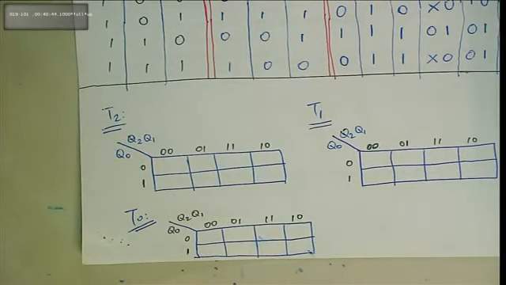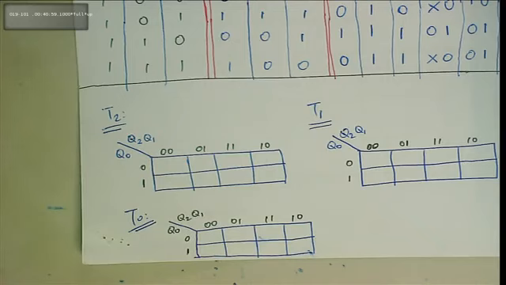Now in your case, how do we decide this? These are the inputs into our flip-flops. So for example, if part 2 of the question said, design using SR flip-flop, how many Karnaugh maps would we be doing for this particular problem?